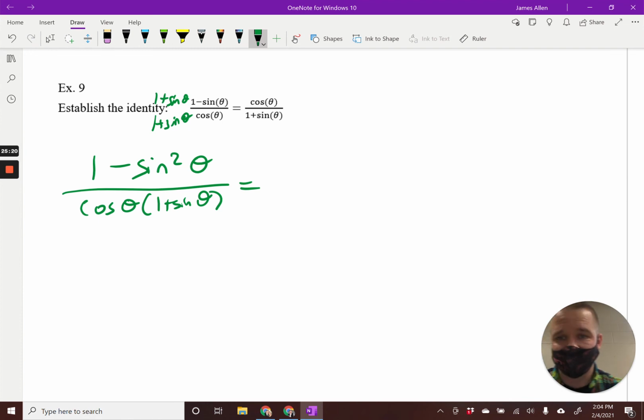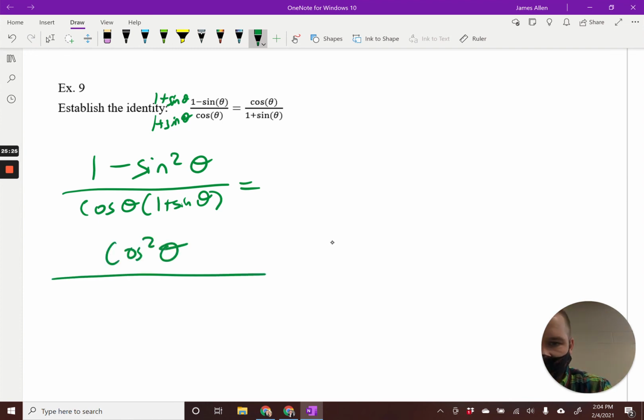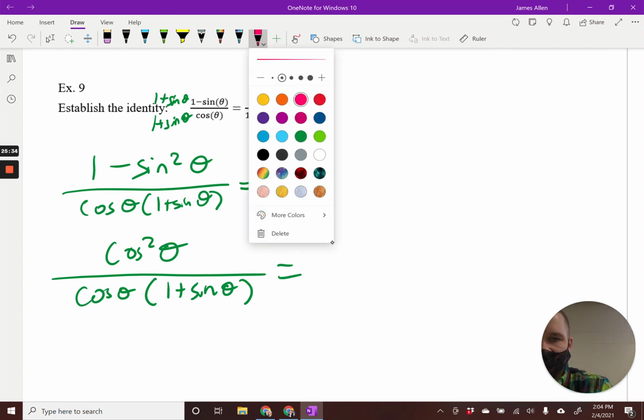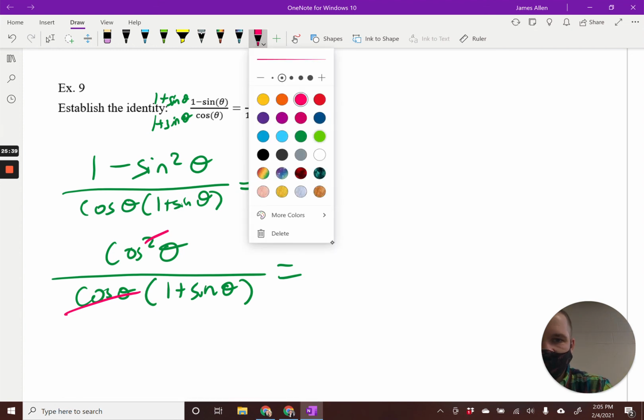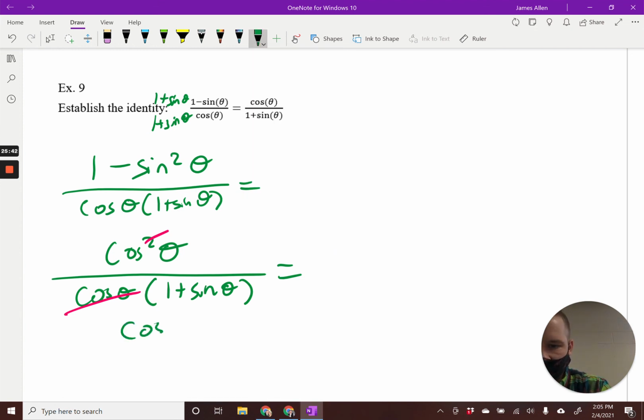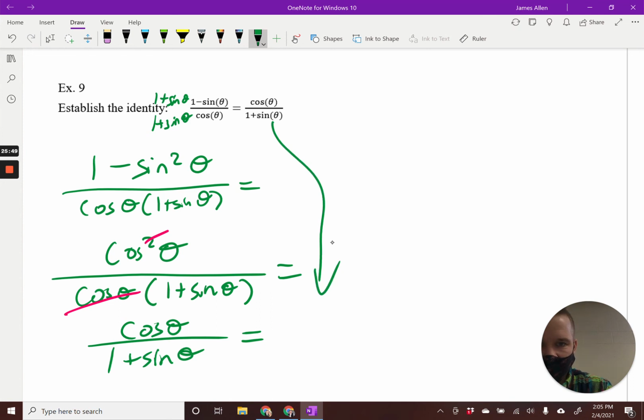Pythagorean identity. 1 minus sine squared theta is cosine squared theta over cosine of theta times 1 plus sine of theta. Now, my cosine will cancel with one of my cosines in the numerator, leaving me with cosine of theta over 1 plus sine of theta, which is exactly what I wanted.